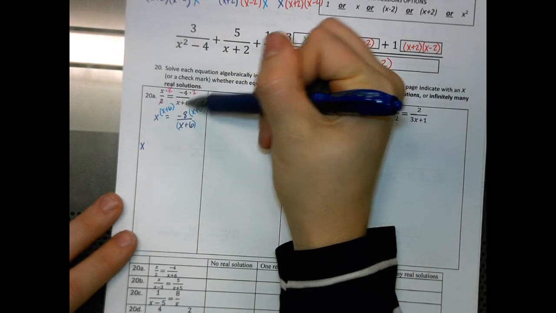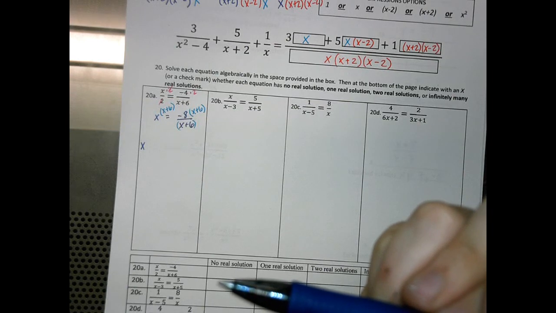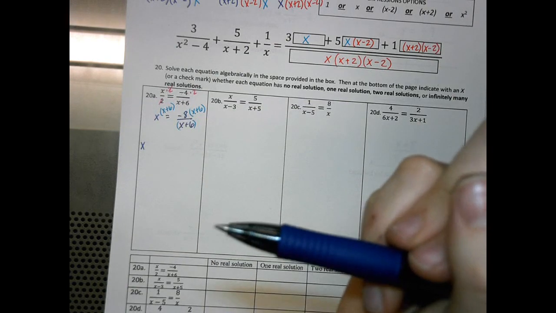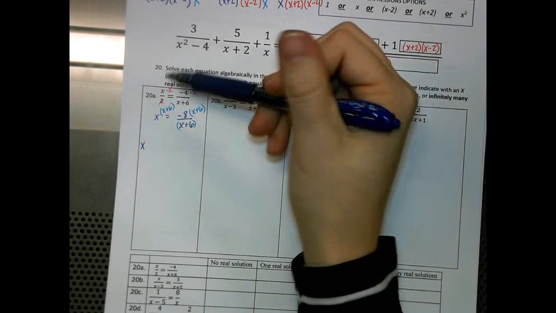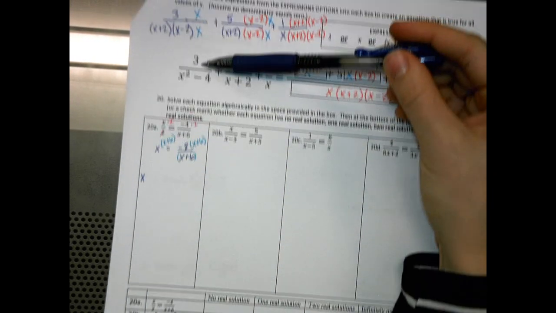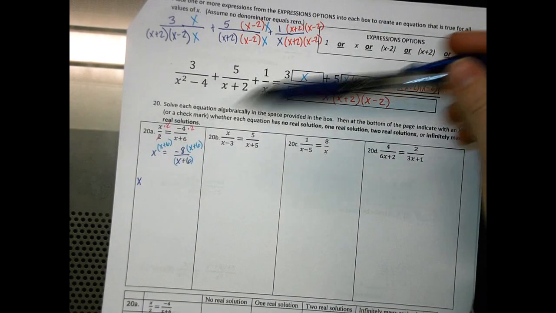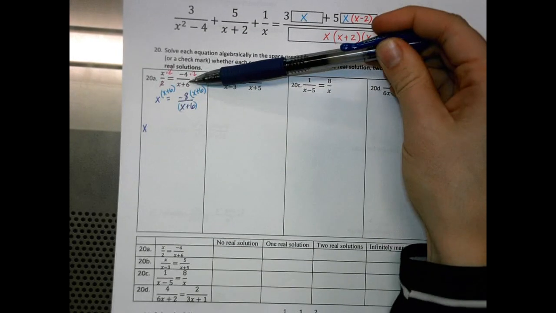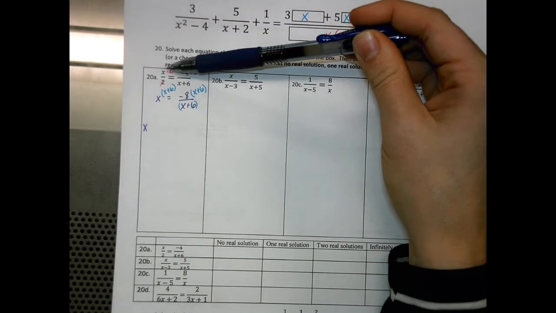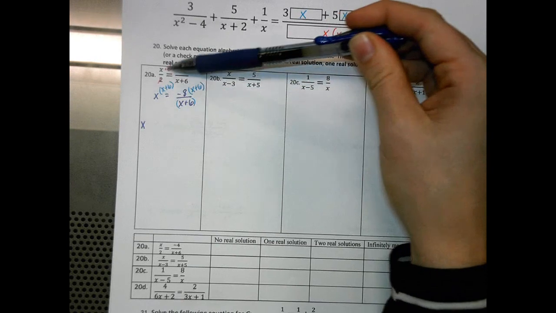Oh, so you don't have to multiply the x plus 6 by 2? No, because we're clearing fractions. Up here we were making equivalent fractions because I didn't have an equation. It's an expression. This one, we're clearing fractions. So when you clear fractions, you only multiply it in your numerator. It's like multiplying by 2 over 1.